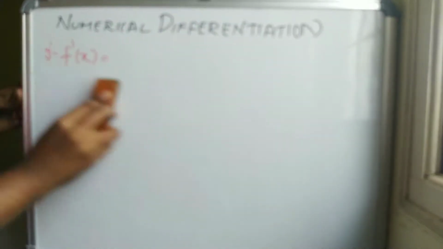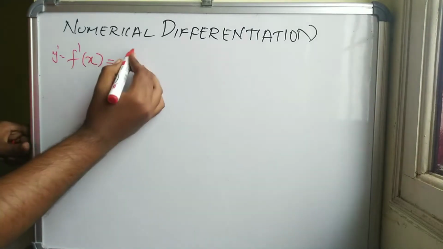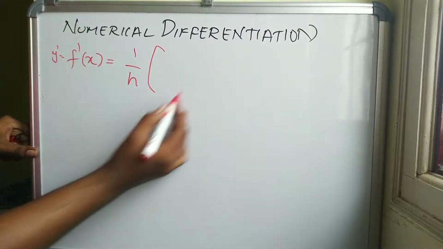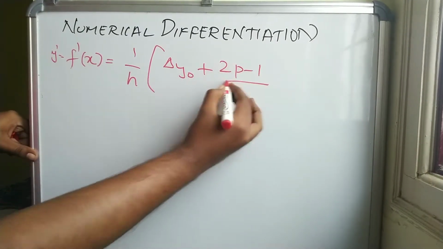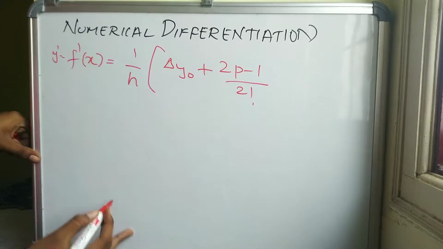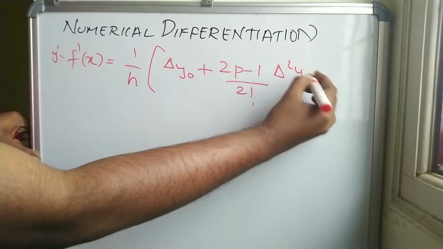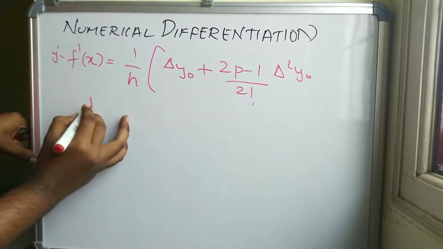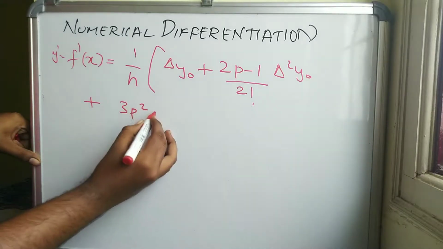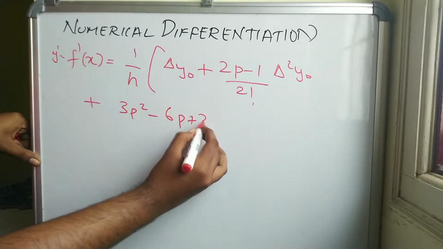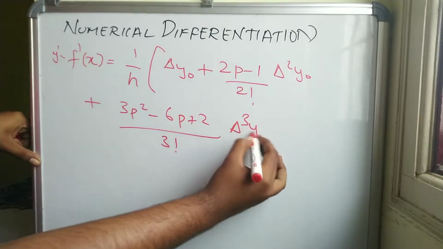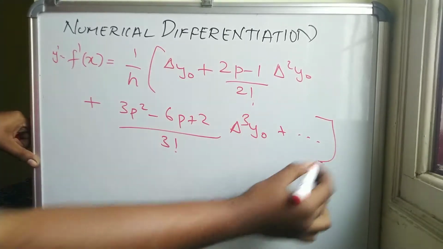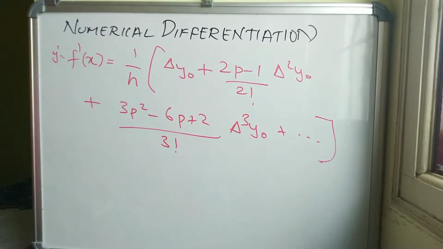For f dash x, the formula is 1 by h into delta y naught plus (2p minus 1) by 2 factorial into delta square y naught plus (3p square minus 6p plus 2) by 3 factorial into delta cube y naught plus so on.